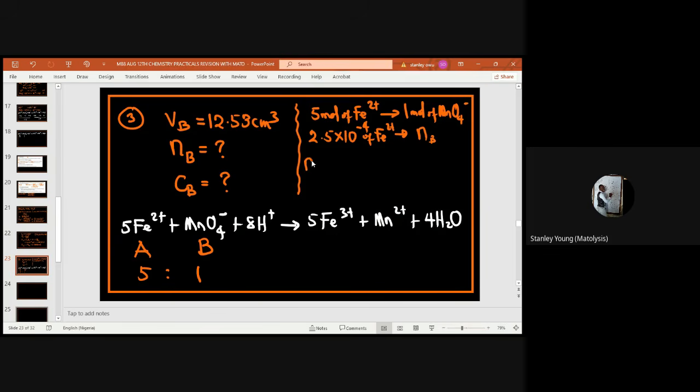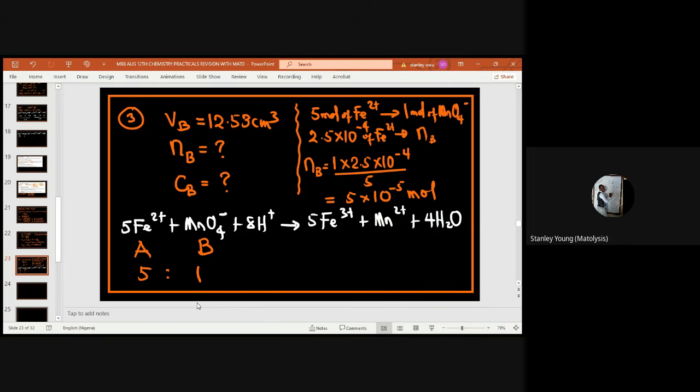So nB is going to be 1 times 2.5 times 10 raised to minus 4 over 5. Dividing 0.00025 by 5 gives you 5 times 10 raised to minus 5 mole. So that's the answer to that problem.